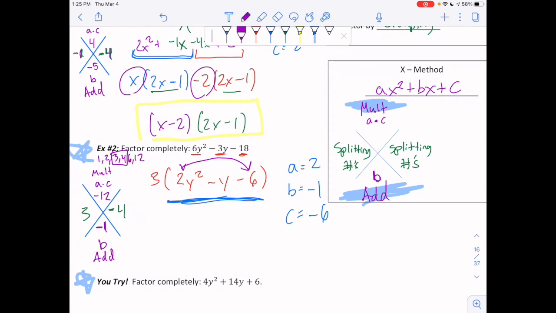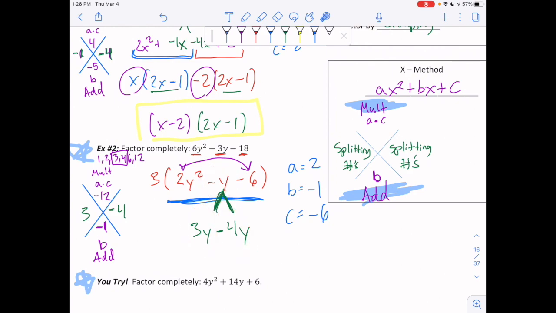And then from here, you're going to factor, or you're going to split the numbers up. You're going to split the negative y. So negative y becomes 3y minus 4y. You can do a quick check, right? 3y minus 4y should still be negative y.